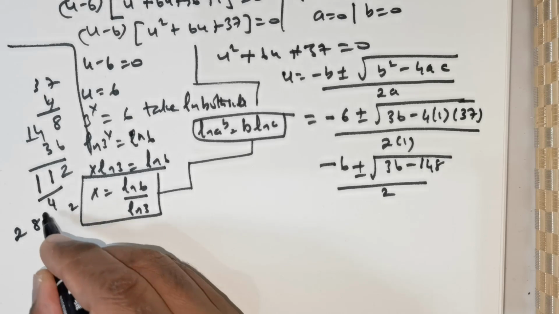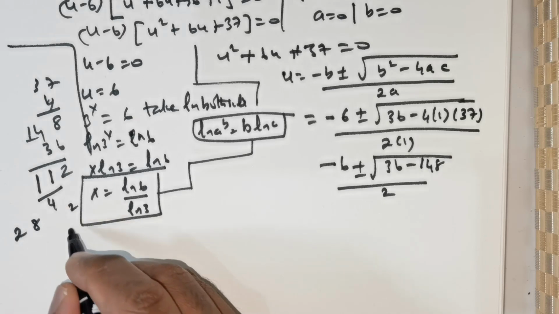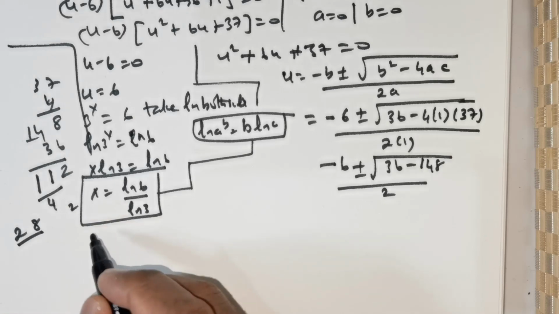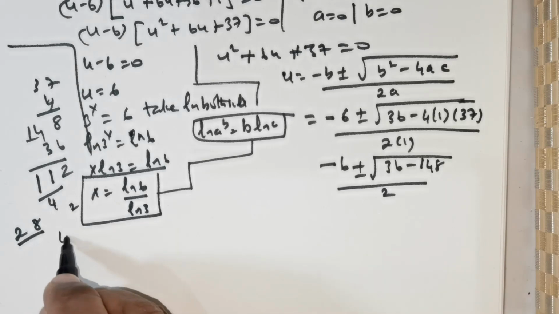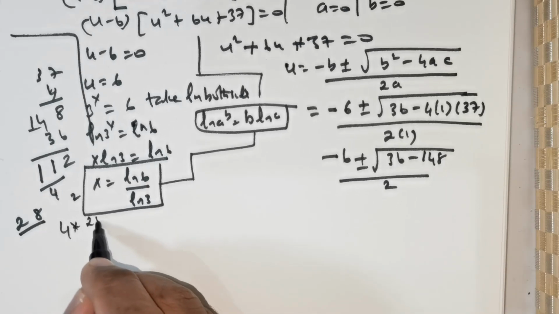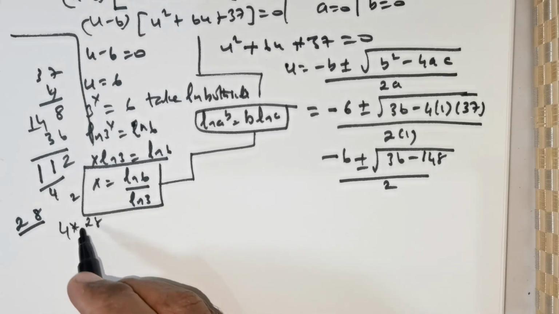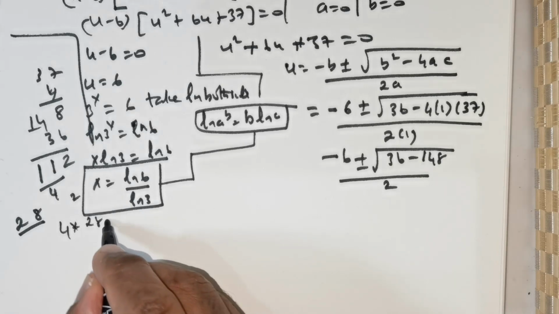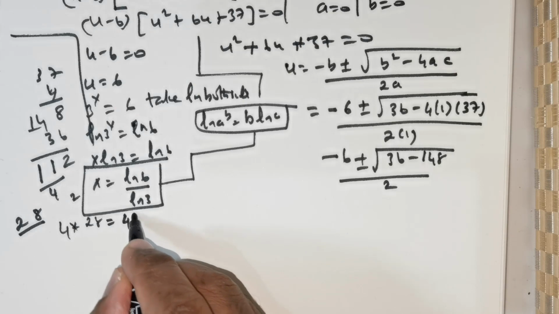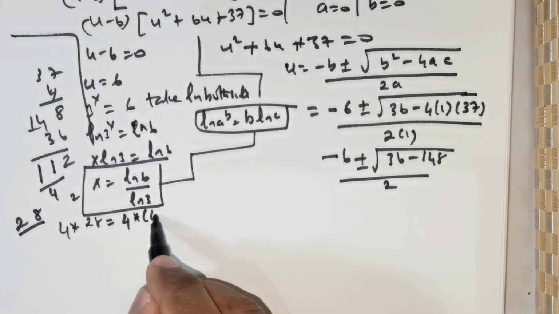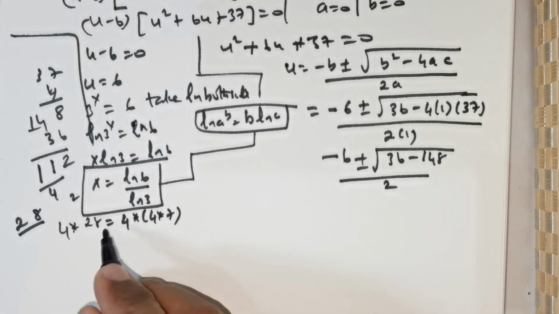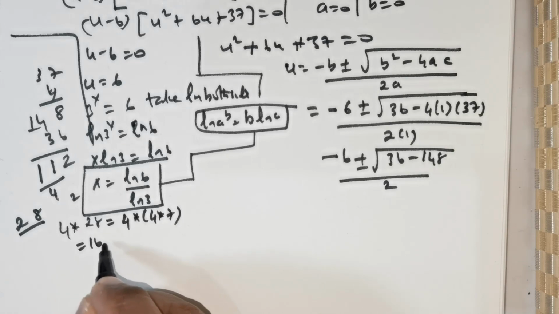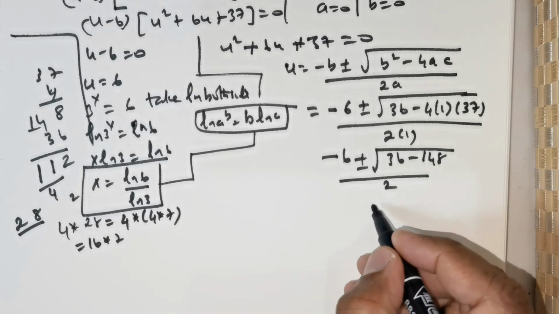Now 4 multiplied with 28 gives me this particular value, 112, and this can be further simplified as 4 multiplied with 4 times 7. So I have 16 times 7, right?